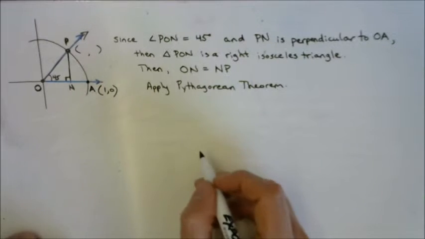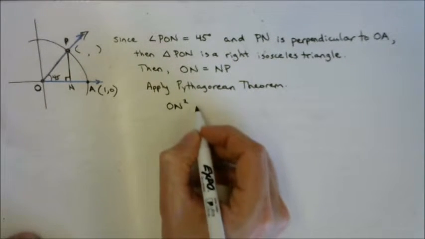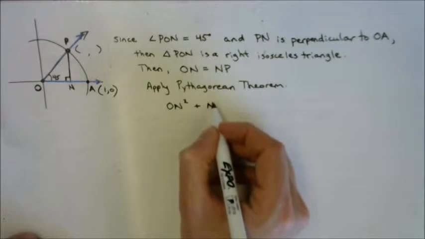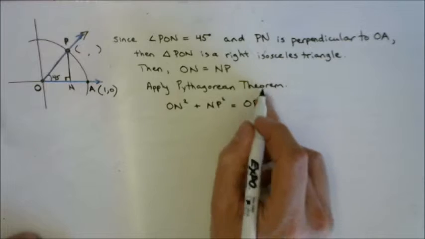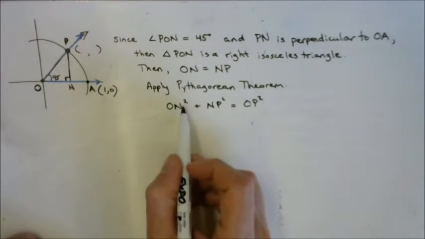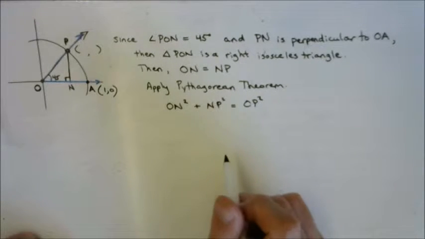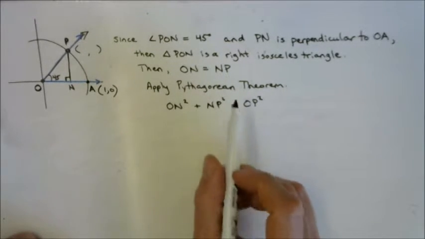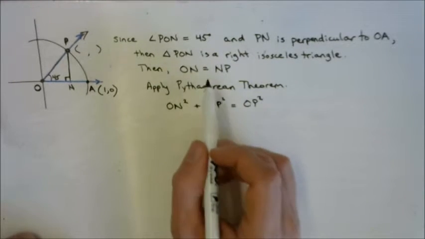And from Pythagorean theorem, we know that one of the legs squared plus the other leg squared equals the hypotenuse squared. So we know that ON squared plus NP squared equals OP squared. But we know that NP and ON are equivalent. They're the same length.